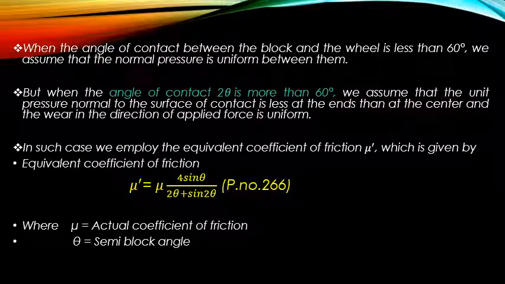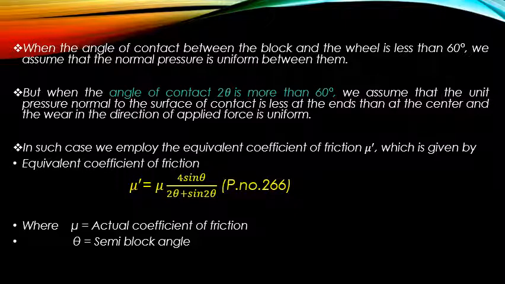But when the angle of contact becomes more than 2 theta, becomes more than 60 degrees, so we assume that the unit pressure that is normal to the surface of contact between the shoe and the drum is lesser at the ends than at the center, and the wear in the direction of the applied force is uniform.